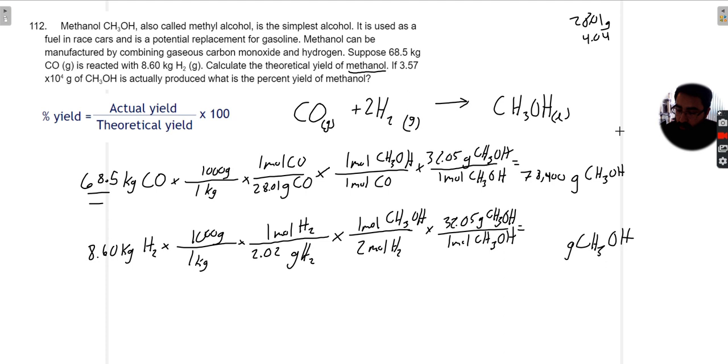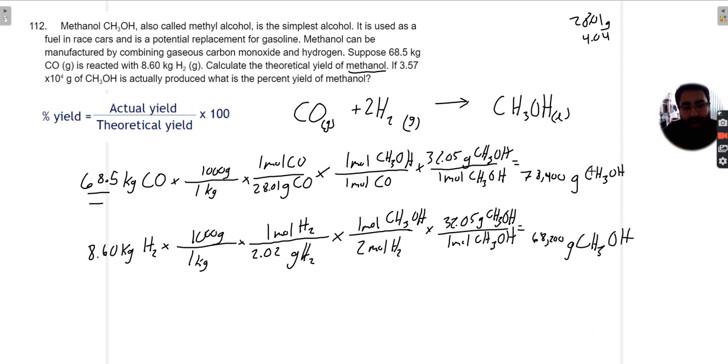We have 8.60 multiplied by 1,000, so we can turn it into grams. Let's divide by 2.02, and then multiply by 32.05. In this one, again, we only have 3 significant figures, so it becomes 68,200 grams of methanol.